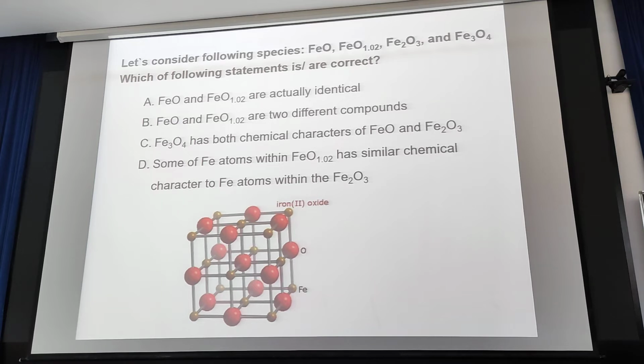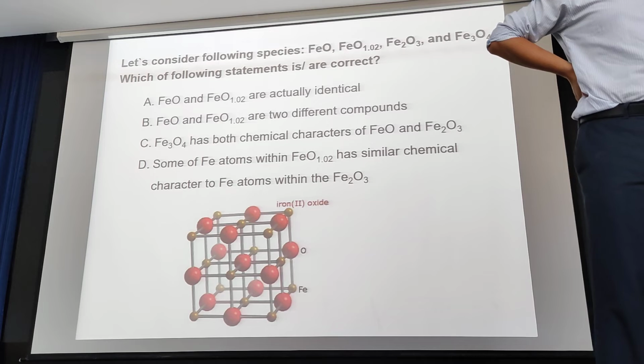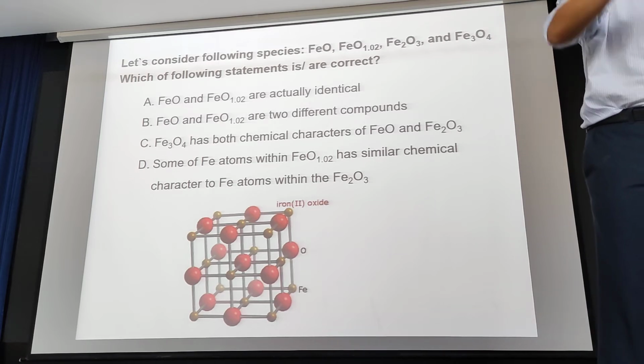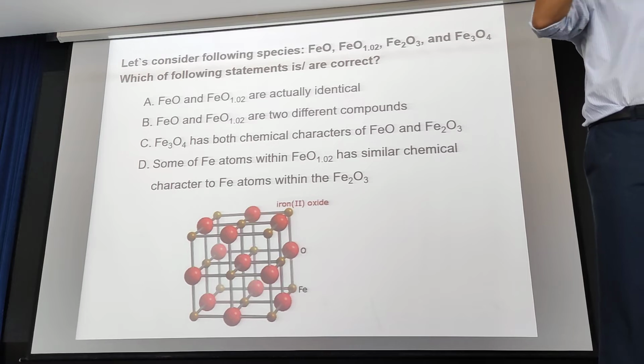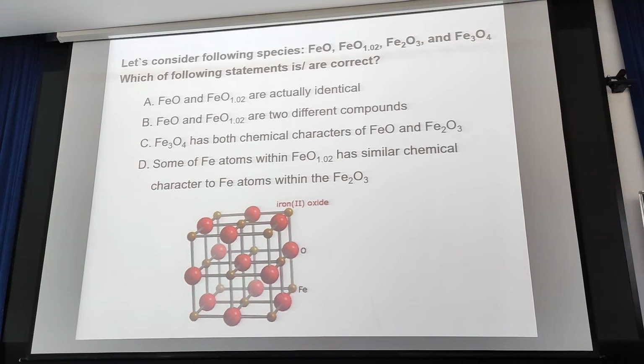Okay, I heard from your friends say that the second component, FeO1.02, will not happen in real life, right? Yes. But actually, this happens a lot, and the first component, iron oxide FeO, rarely happens.